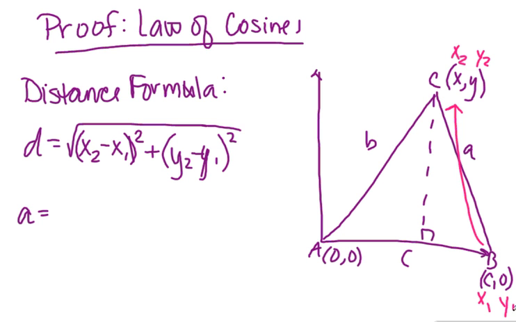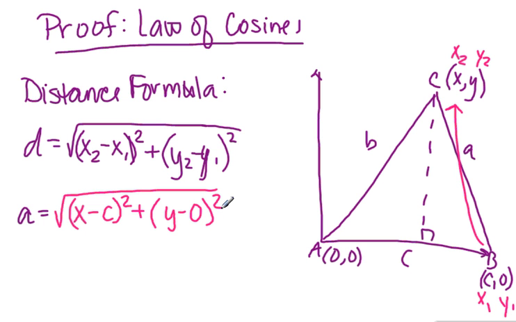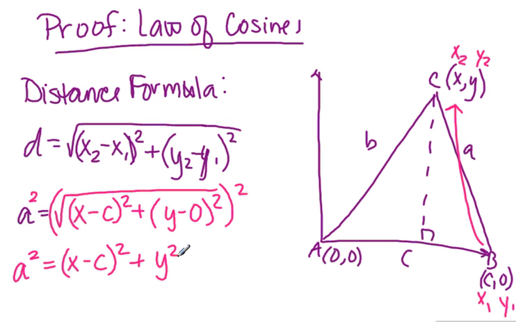So I get the square root of x minus c squared plus y2 minus y1, which is 0, squared. Step 2 tells you square both sides of the equation. So I'm going to square it, and so I've got a squared equals x minus c squared plus y squared.